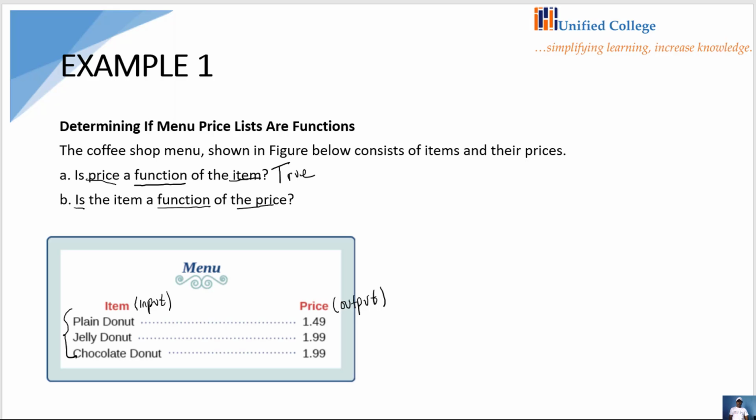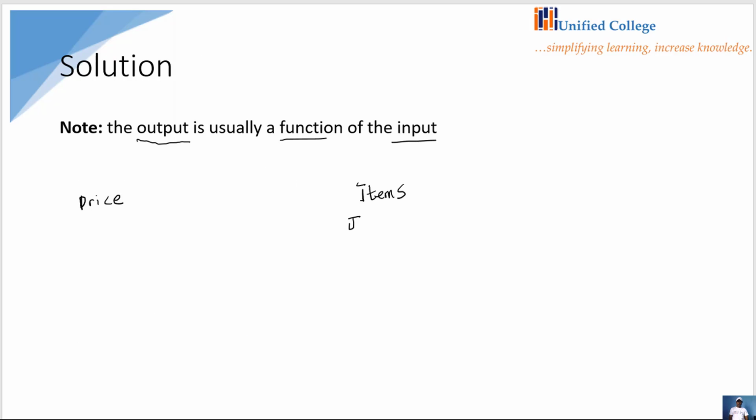Our first item here is plain donuts. Our second item is jelly donuts, while the third item is chocolate donuts.